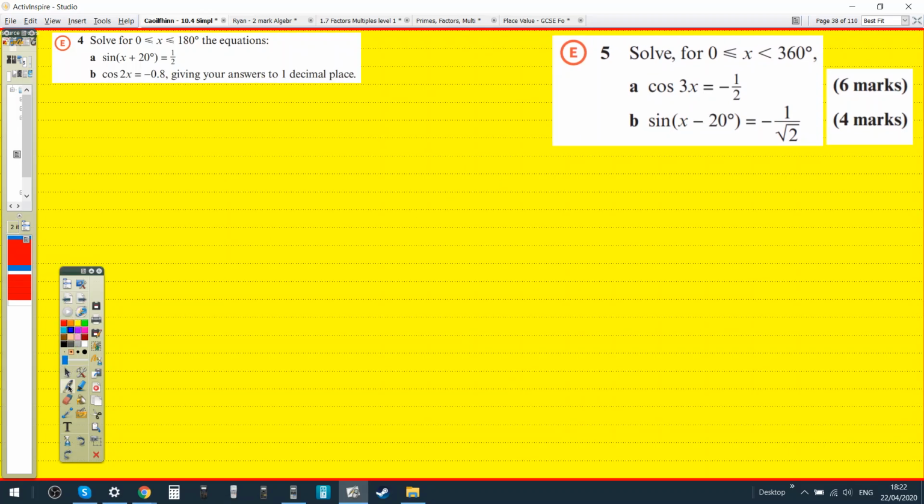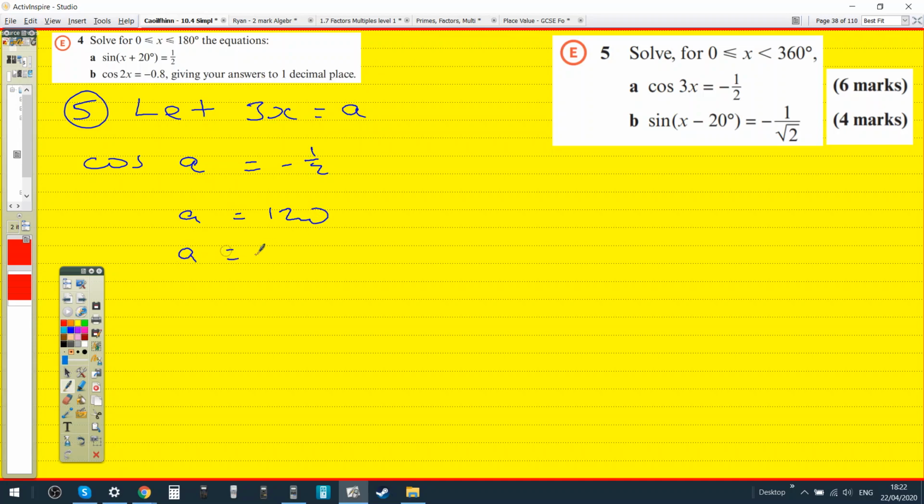Yep. So if we let 3x equal a, then we have cos a equals minus a half, so then a equals cos to the minus 1 of minus a half. So a equals 120, and then we do 360 minus 120, and we get 240. Okay.